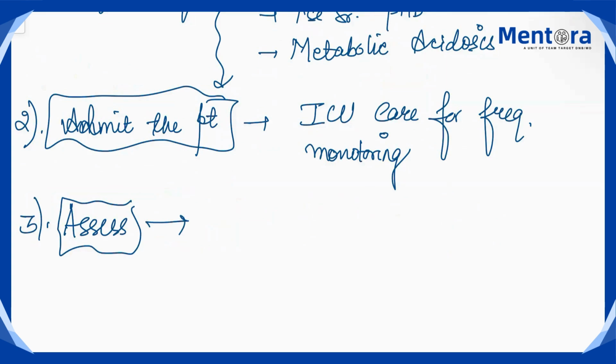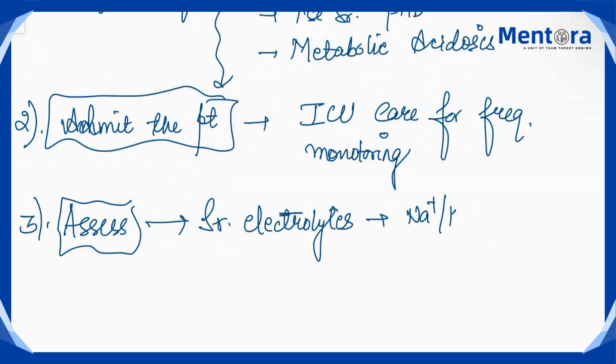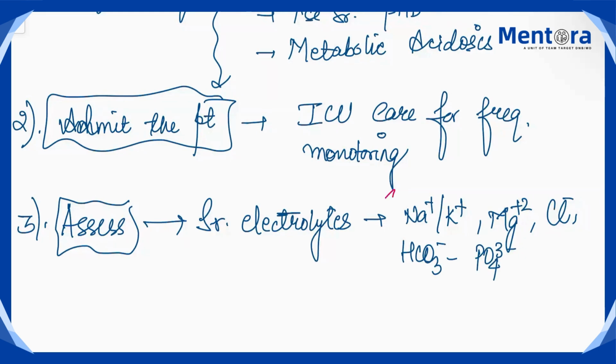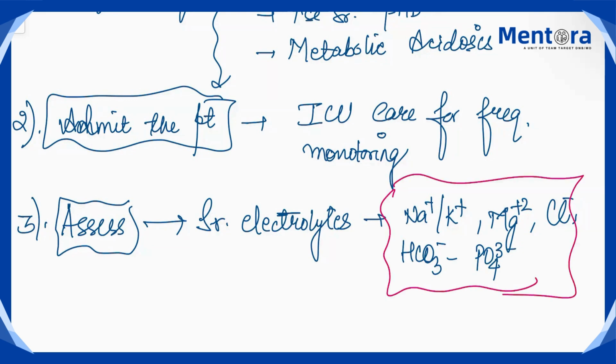What needs to be assessed, very important, is the serum electrolyte levels: sodium, potassium, magnesium, chloride, bicarbonate and phosphate levels. These are the important electrolytes which need to be monitored.